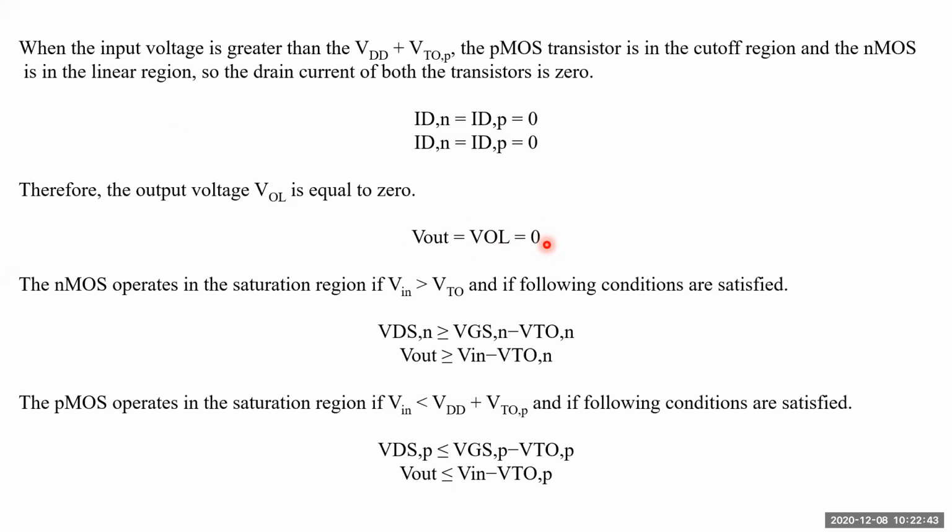So the charge will get discharged through the channel of the NMOS, and ultimately, whenever the capacitor connected to the output of the CMOS is completely discharged, then the output of that CMOS inverter will be equal to zero. That's how you get the output equal to zero.